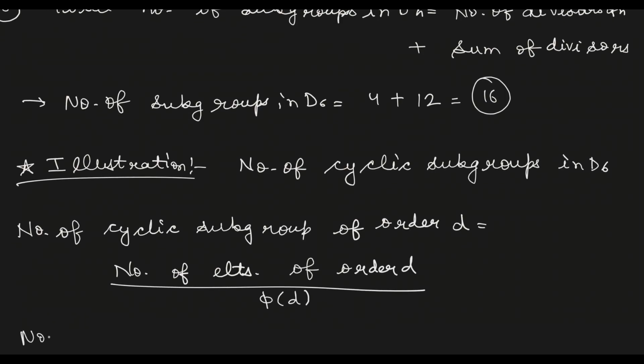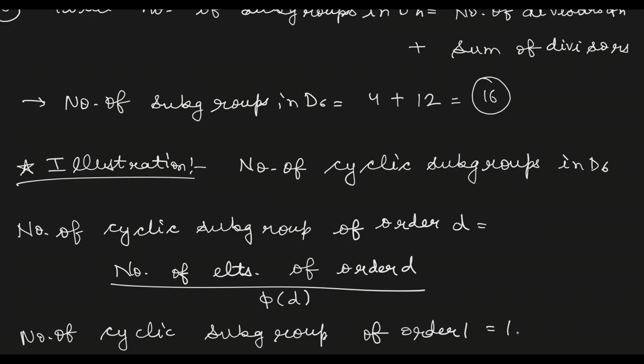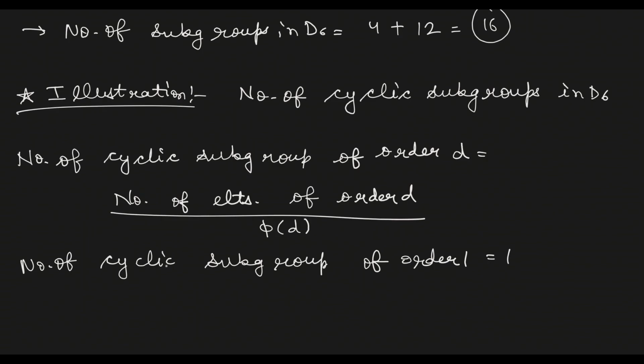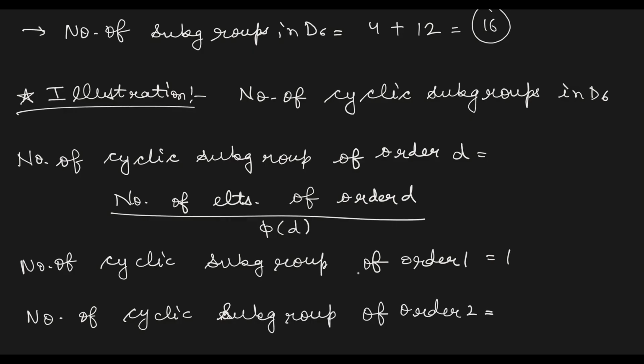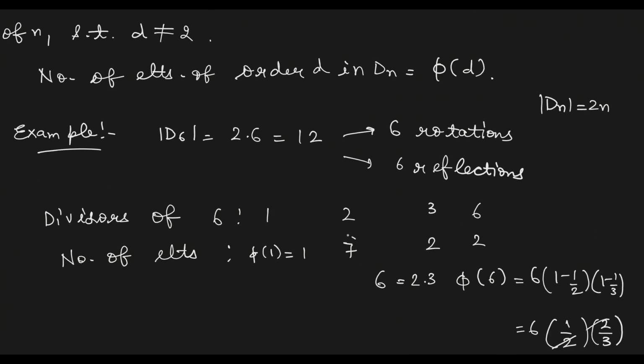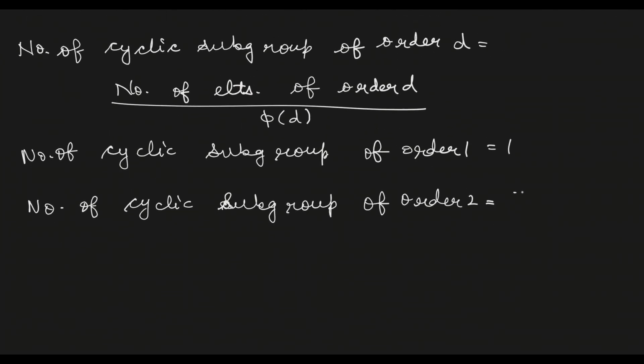So number of cyclic subgroups of order 1 will be 1. Number of cyclic subgroups of order 2: the number of elements of order 2 we saw here was 7, so 7 upon phi 2, 7, because phi 2 is 1.